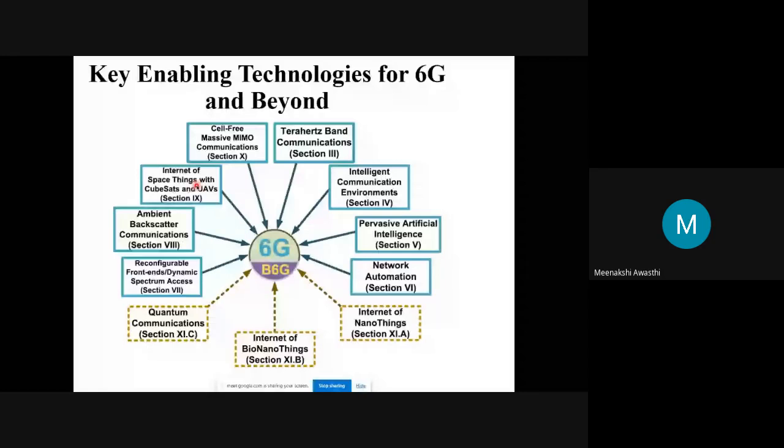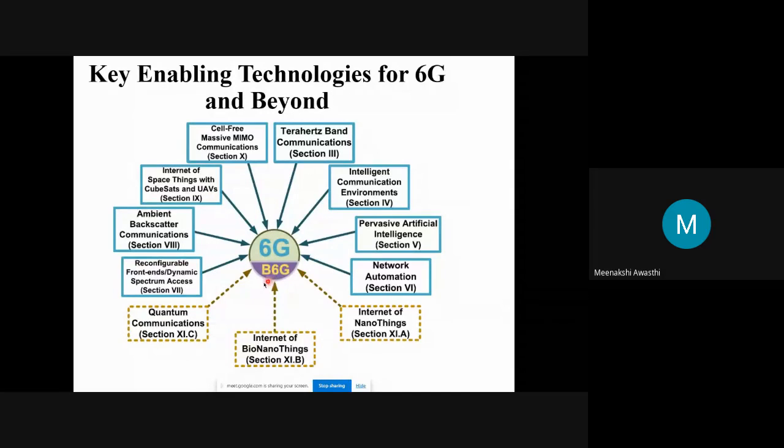The Internet of Space Things is a future of 6G, which helps us connect with space. It can be used with the help of CubeSats and UAVs.